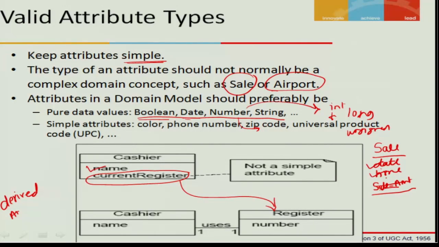Further in the design phase, this domain model will be refined, and some derived attributes can be added then. Sale amount and total amount are derived attributes, so you should not add those in the domain concepts. In this way, you should identify simple attributes and put them in the domain concept.